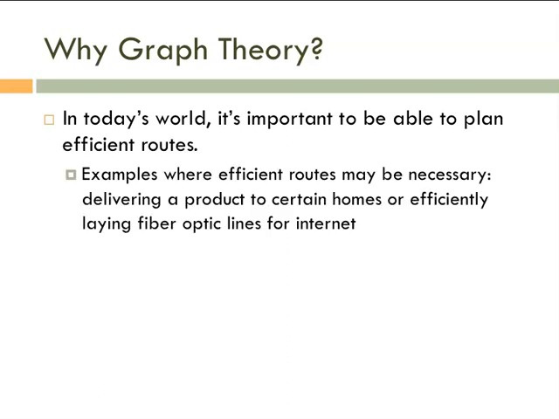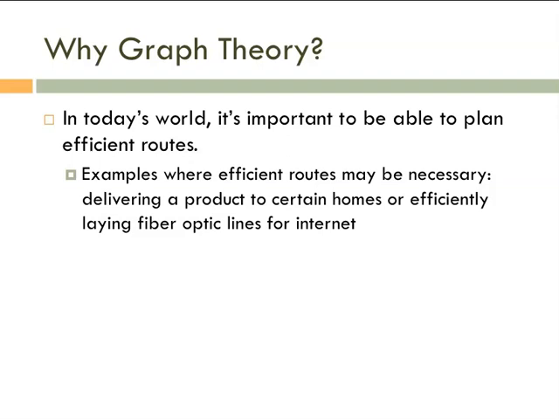So that's an example. Another example could be laying fiber optic lines for internet in a neighborhood. If there are certain homes which want the fiber optic internet, what's the best way of laying those out in order to most efficiently get it to customers, but at the same time not spending as much as you actually need.